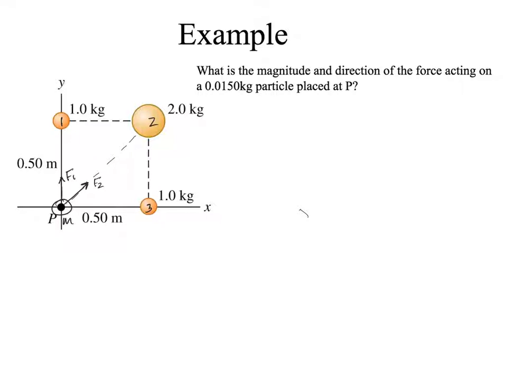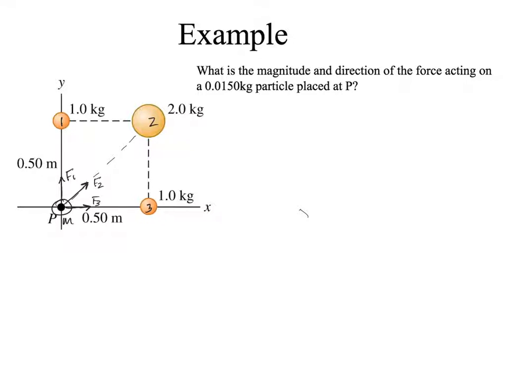And so mass number 2 will pull the mass in that direction. And then finally, mass number 3 will exert a force on it that's going to be to the right. So we first use the idea that the gravity is an attractive force to draw the direction of our vectors. Then we want to figure out how large those forces are, and we'll add them as vectors.